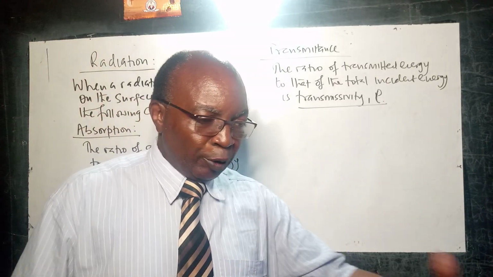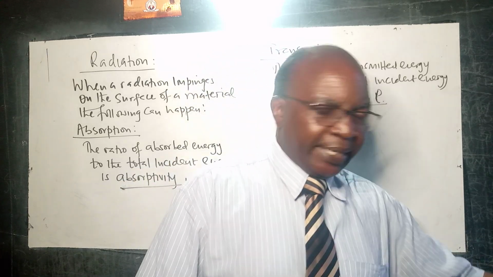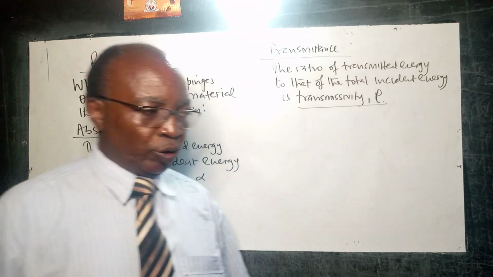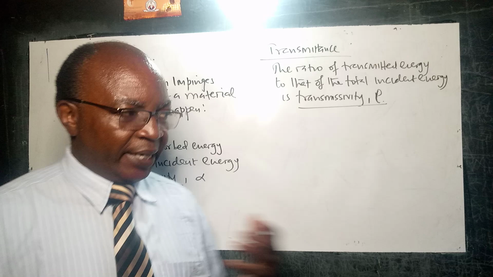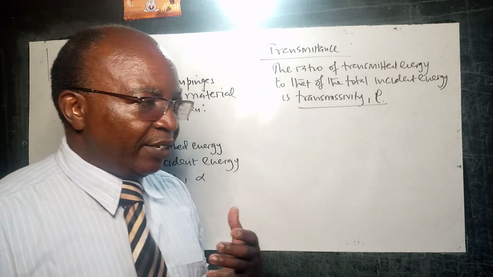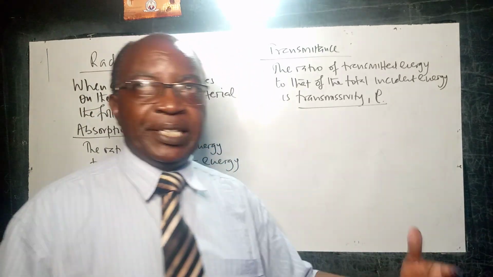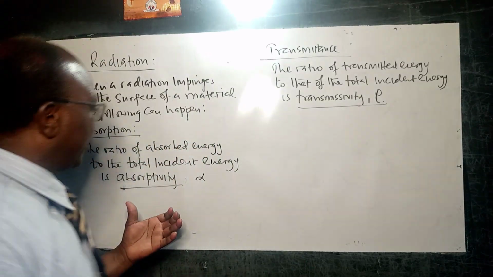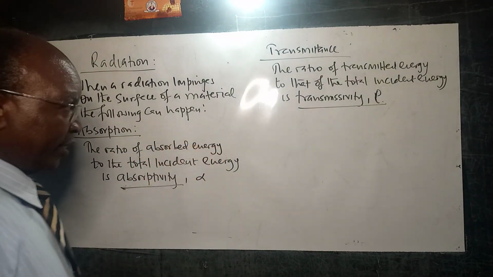So there's a possibility that the radiation can be transmitted through that material. So we have seen it can be absorbed, it can be transmitted, and the relative ratios of these processes to the total incident energy are what we refer to as absorptivity and transmissivity.